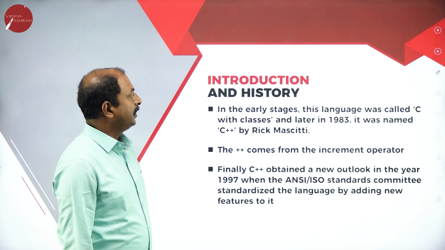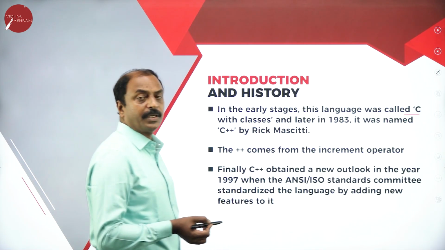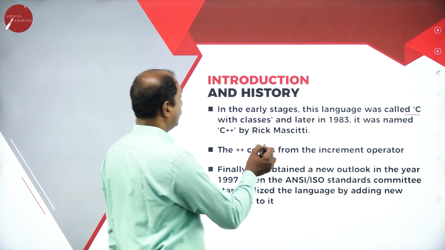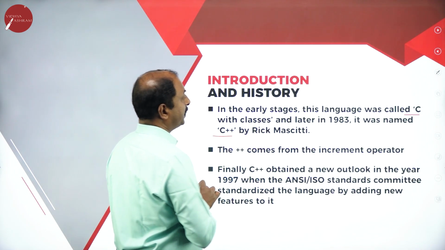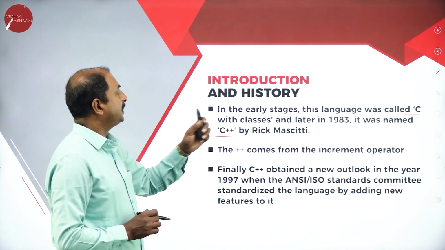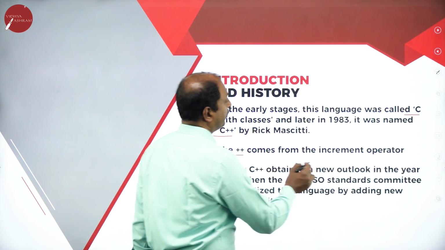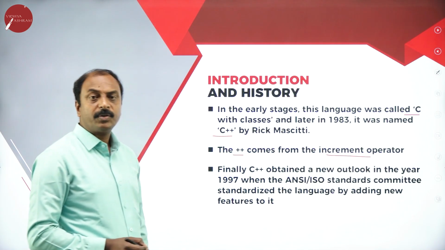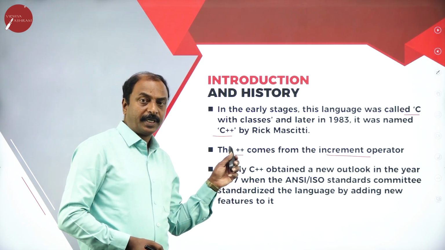Here, this language was called C. Earlier, as it is derived from C, it was C language. Then, it was implemented with the help of C language as C++. Now, the plus comes from the increment operator. That's what I told you in my previous slide. C++ means increment operator.